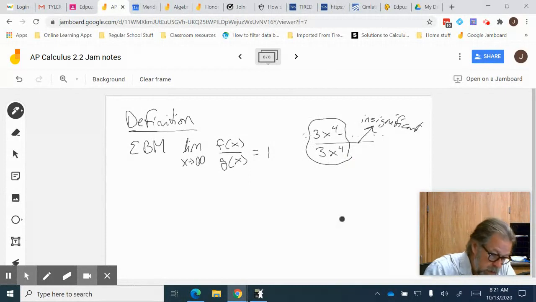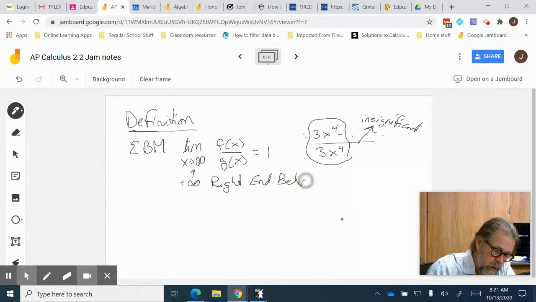Now, positive infinity, this is actually called a right end behavior model. And you can probably guess that a left end behavior model is the limit as x goes to negative infinity of f of x over g of x is equal to 1.